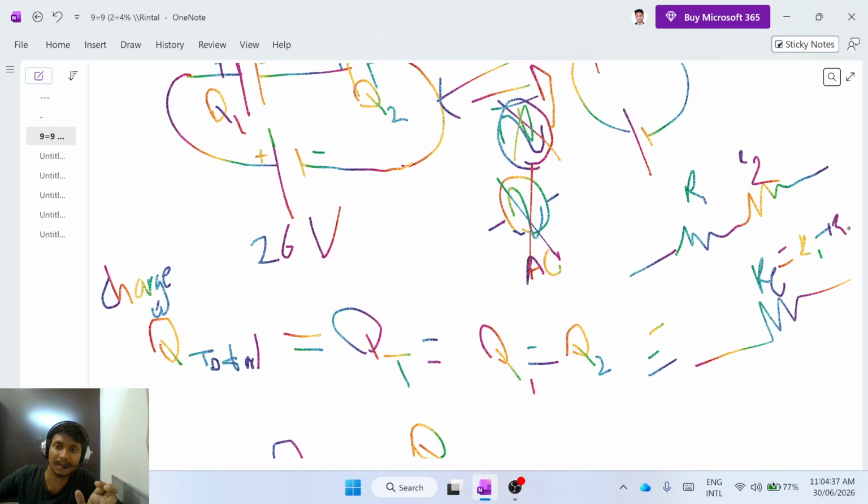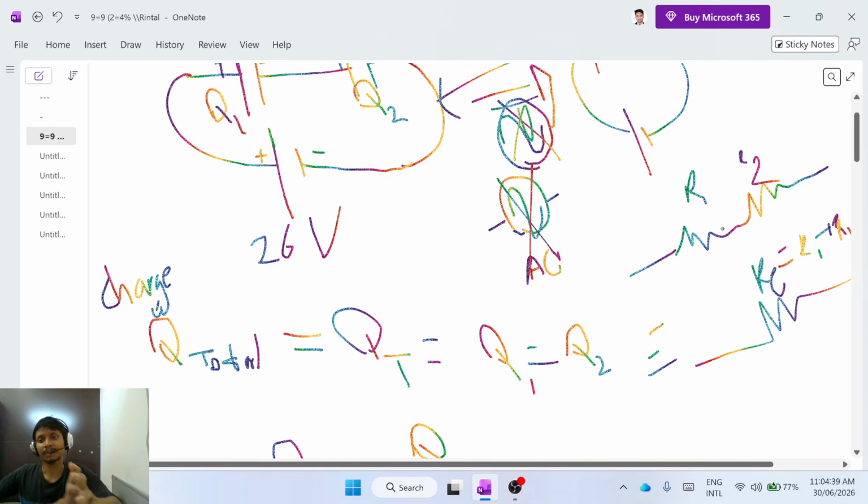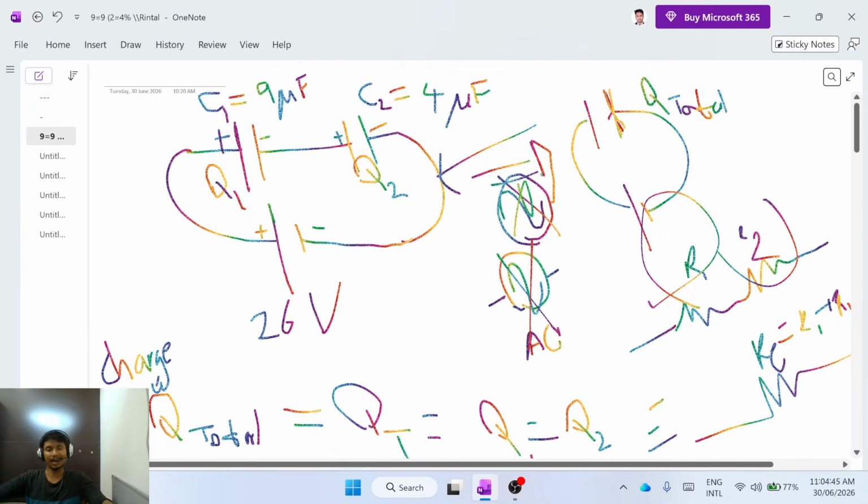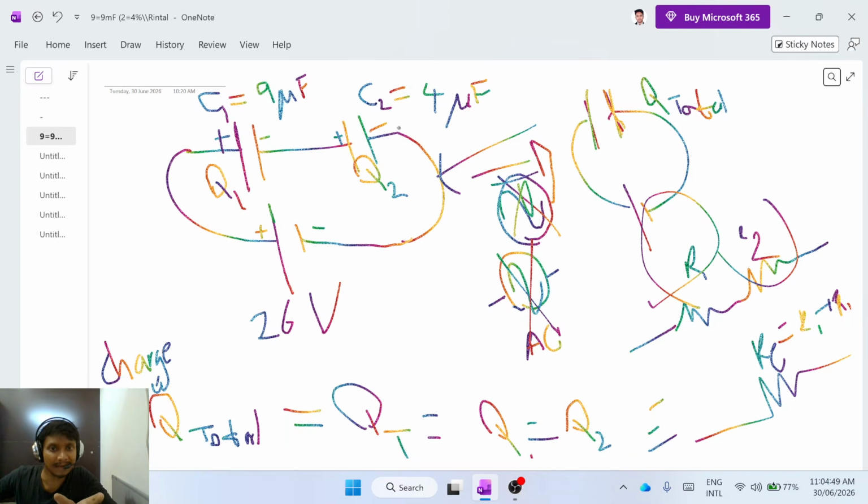If we add the two resistances, we get the equivalent. Here also we find the equivalent capacitance instead of these two capacitors.